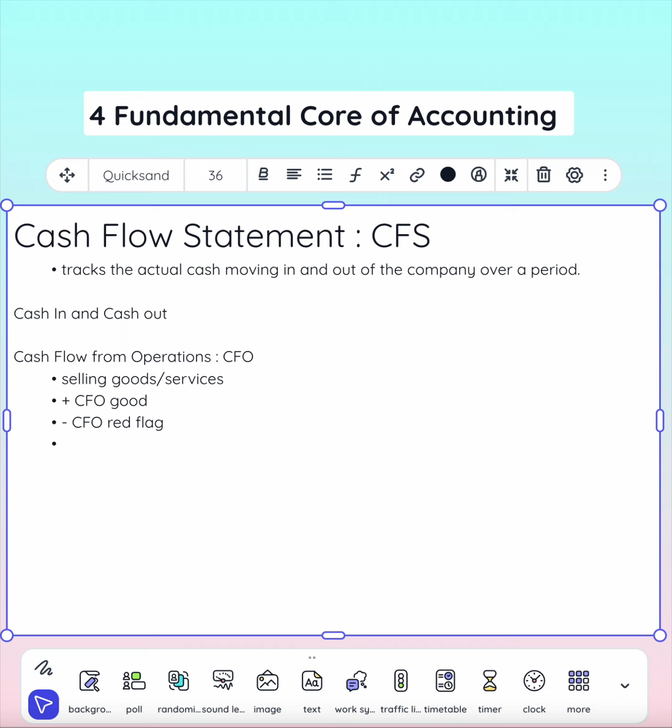Then you also have key items like cash from customers, cash to suppliers, salaries, rent, taxes, and interest.